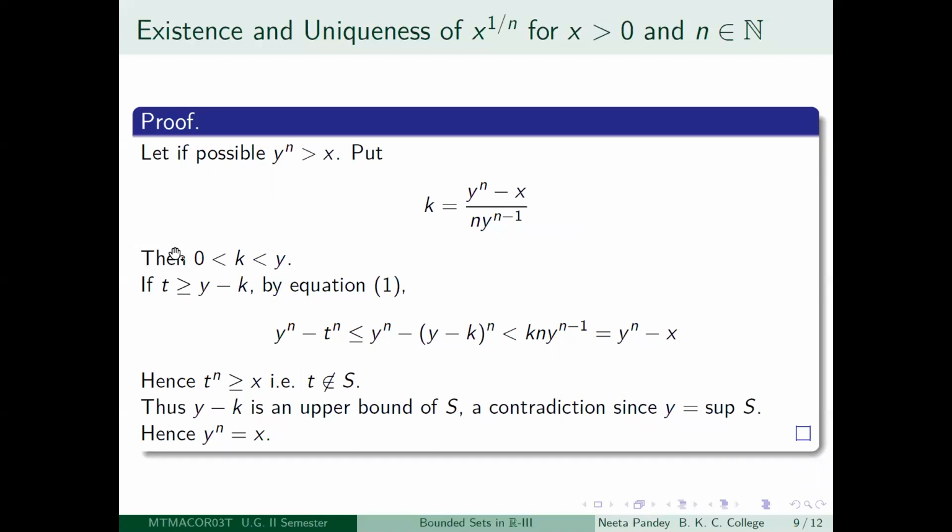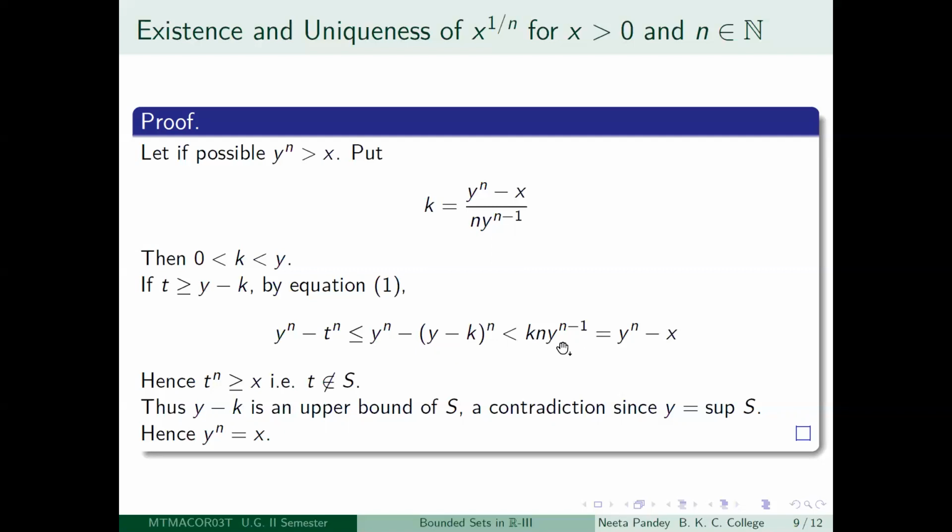So minus t to the power n is going to be less than or equal to minus of y minus k to the power n. You can think of it like this: since t is greater than or equal to y minus k, t to the power n is greater than or equal to y minus k whole to the power n. So minus of t to the power n is going to be less than or equal to minus of y minus k to the power n. So therefore this inequality is true.